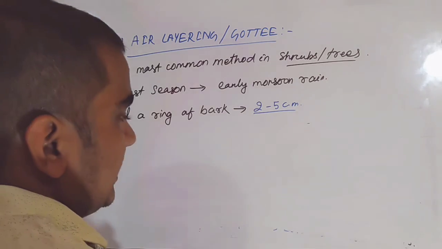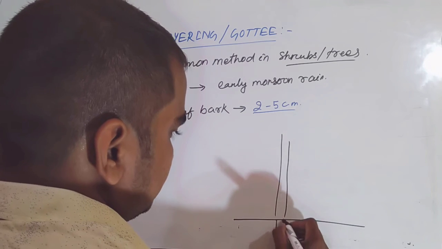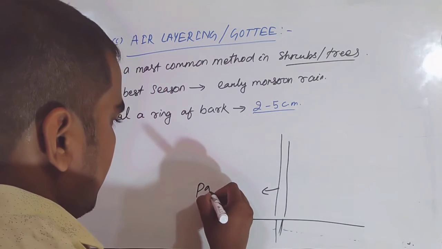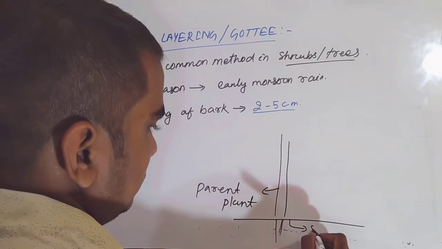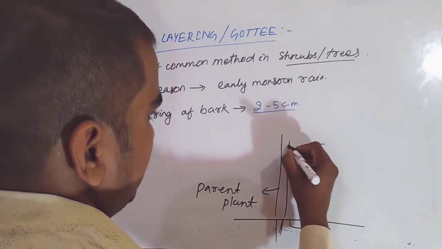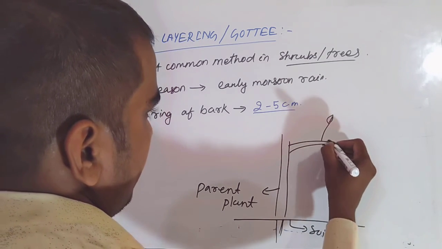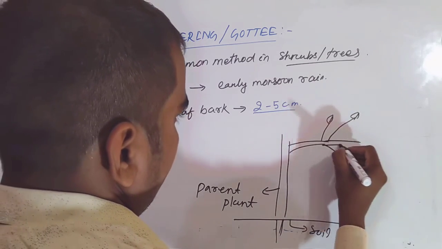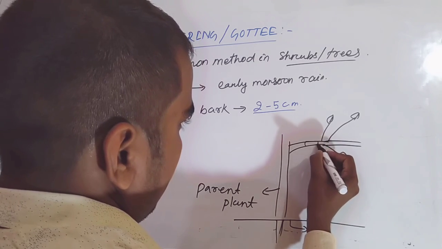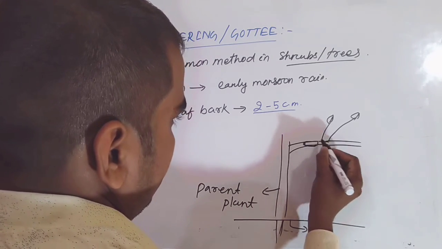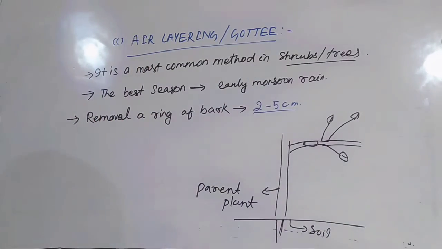Let me draw the diagram. Suppose this is the parent plant here. Okay, soil level. This is the stem branch. First the removal of bark, and the distance is 2 to 5 centimeter.